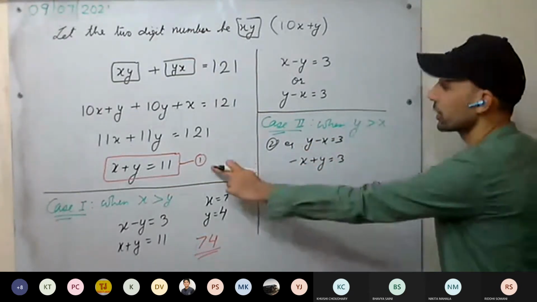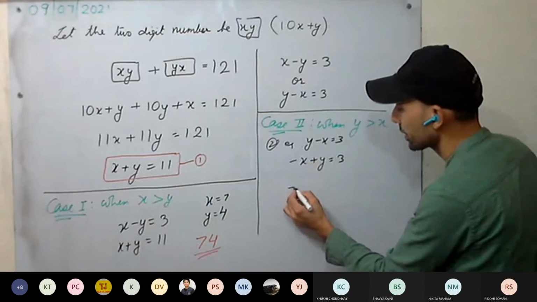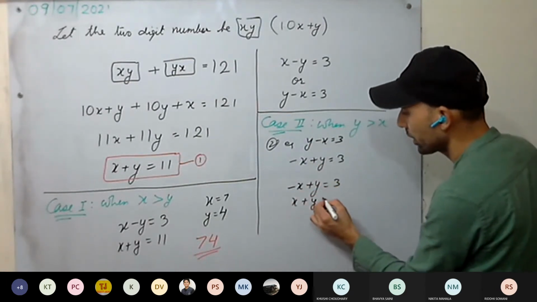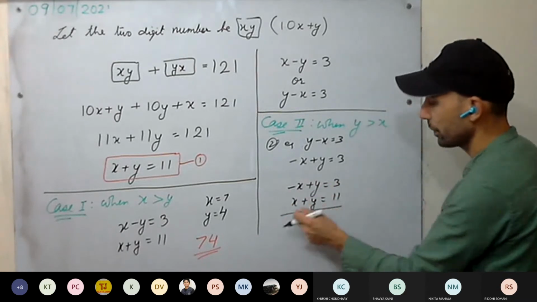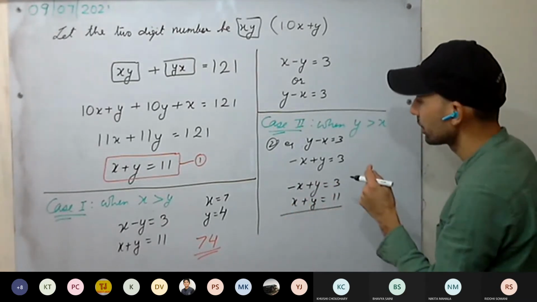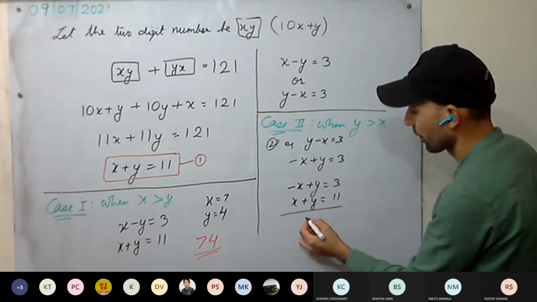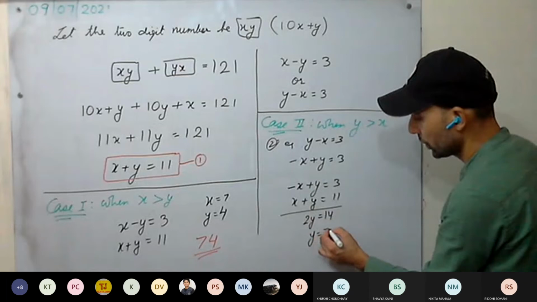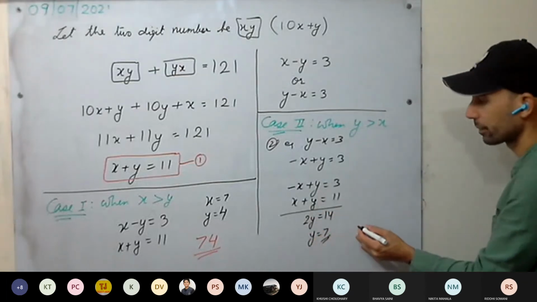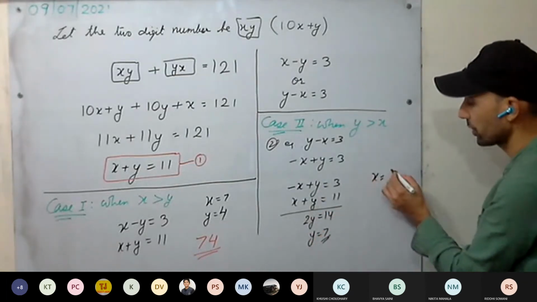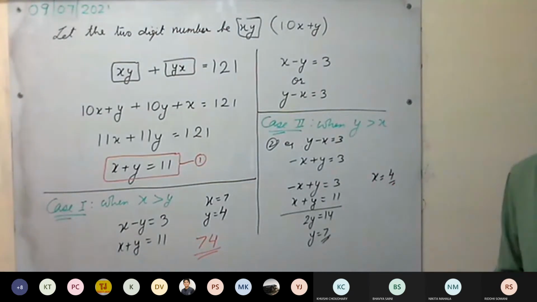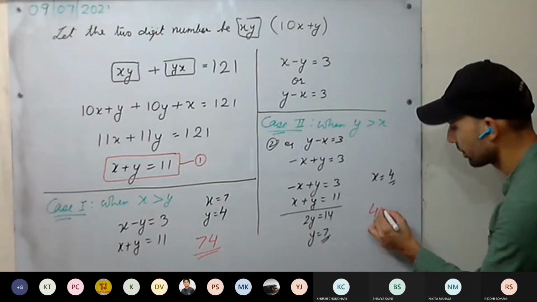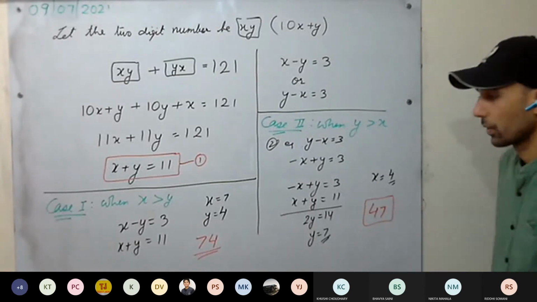Now using this equation, minus x plus y equal to 3, and x plus y equal to 11, solve them by adding them. 2y equal to 14 and y equal to 7. Solve for x. x equal to 4. So this time the number is 47.